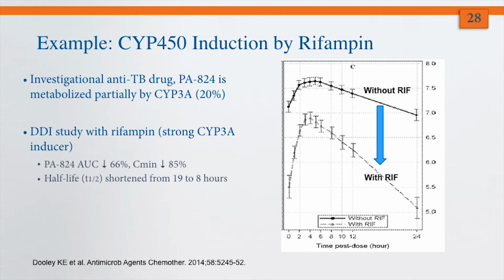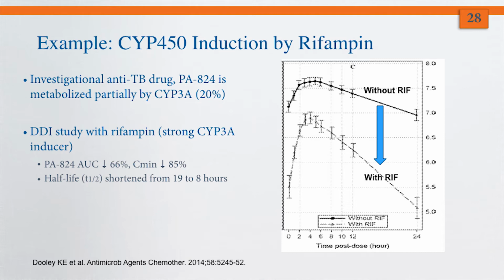This is an example with rifampin. Rifampin is regarded as a very strong inducer of CYP3A. This was a study done with another anti-TB drug, an investigational agent, since it was intended to combine these compounds for the treatment of TB. This drug interaction study was done early on in development, and it was found that rifampin decreased the exposure of this investigational agent quite significantly.